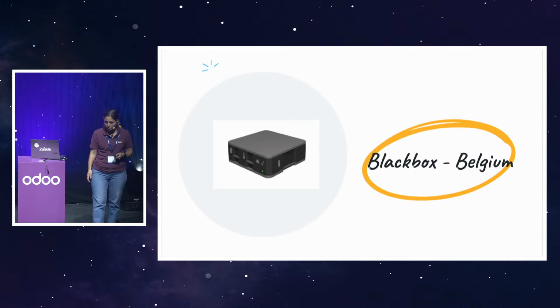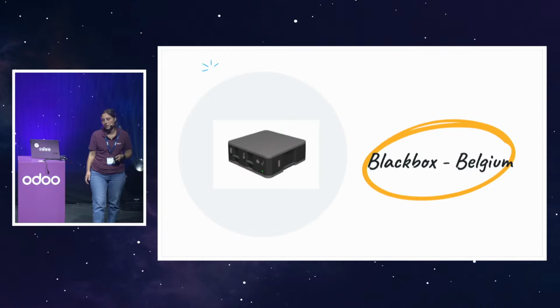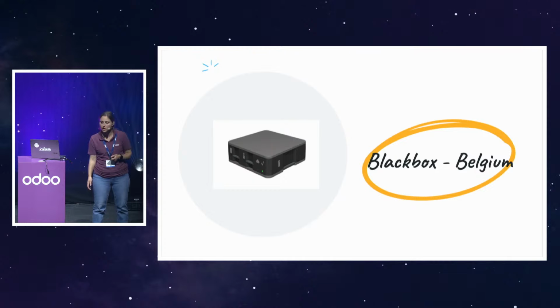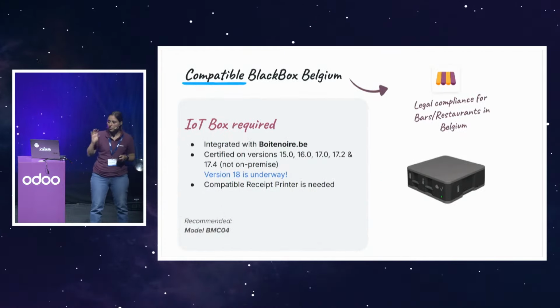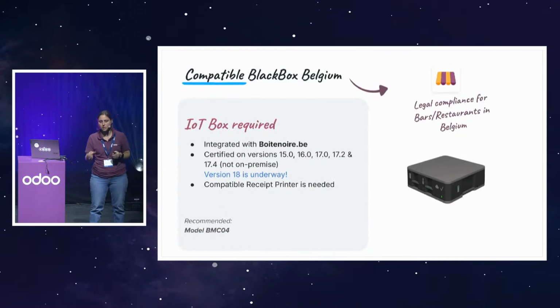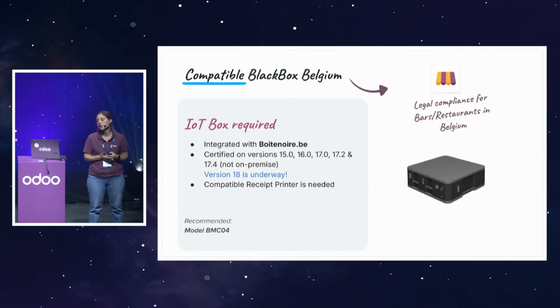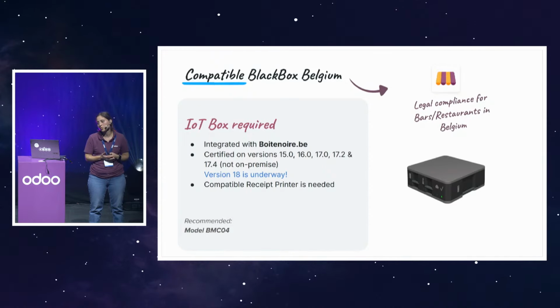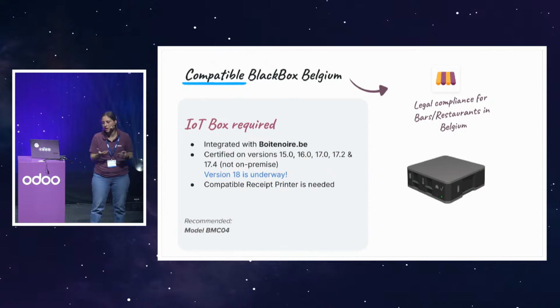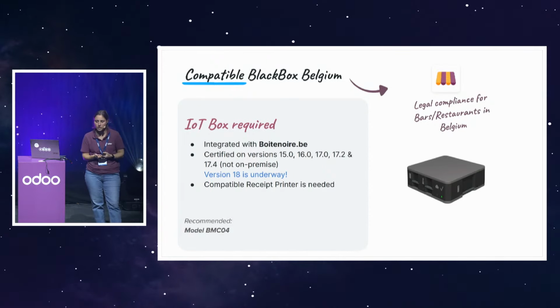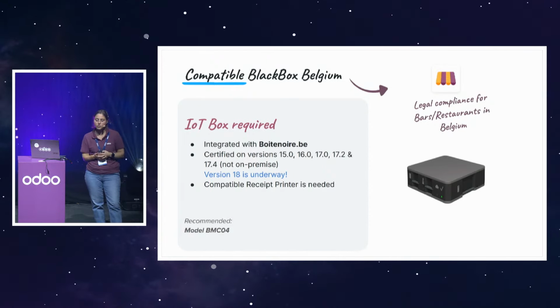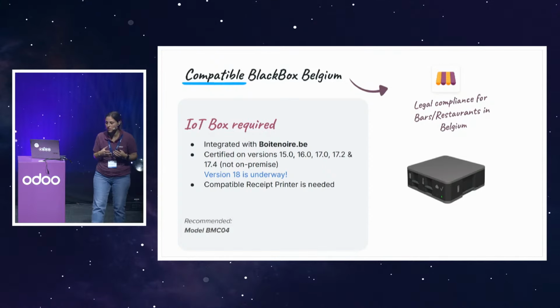So we have the black box in Belgium. That's actually a legal restriction for bars and restaurants. They need to have a black box to comply with fiscal regulations. Now here what you need to know is that you do need an IoT box.